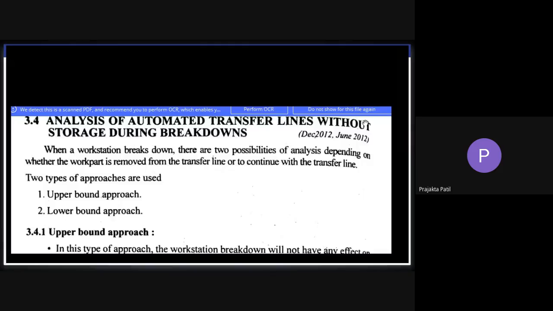Yes, ma'am, now it's visible. Not clear yet, it's flickering, it's blinking.